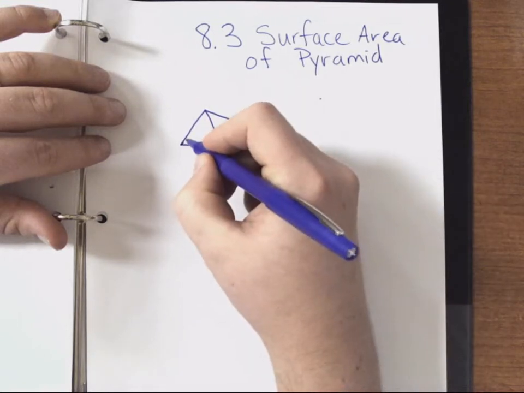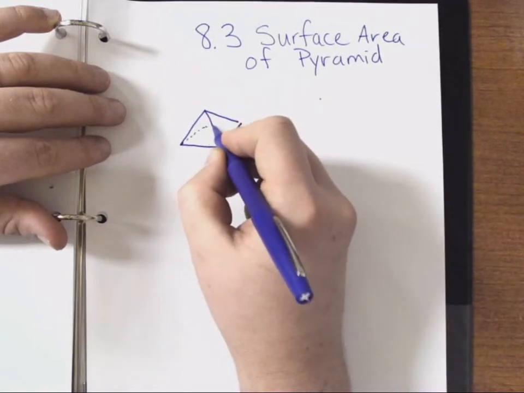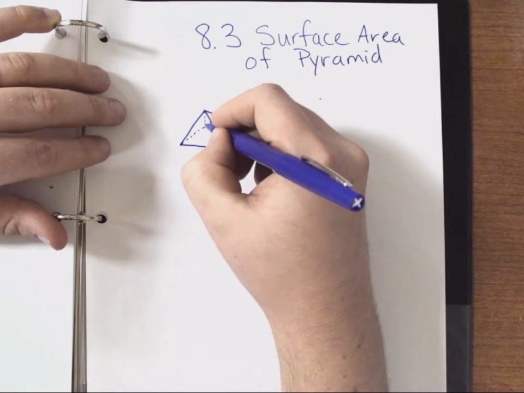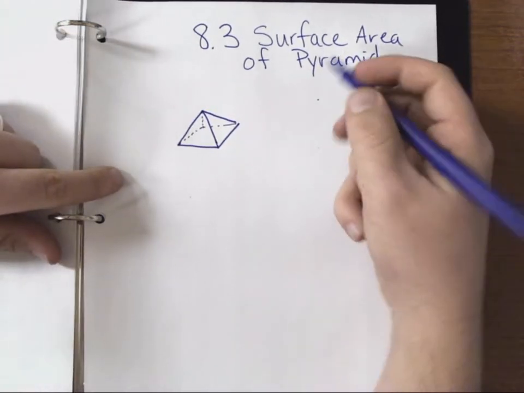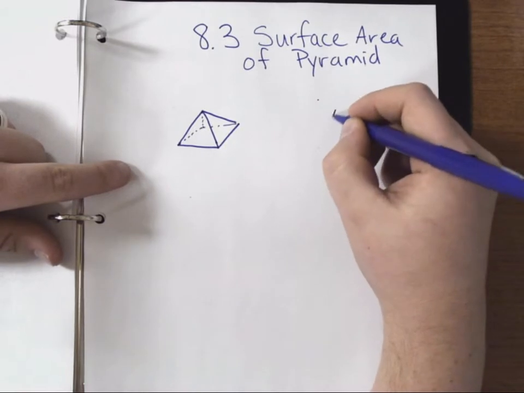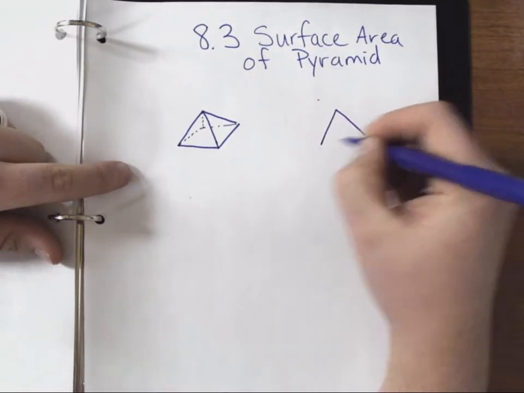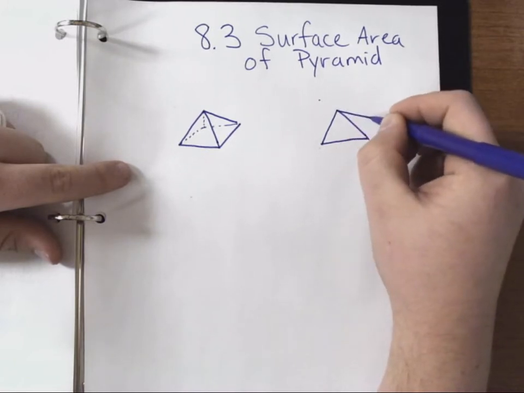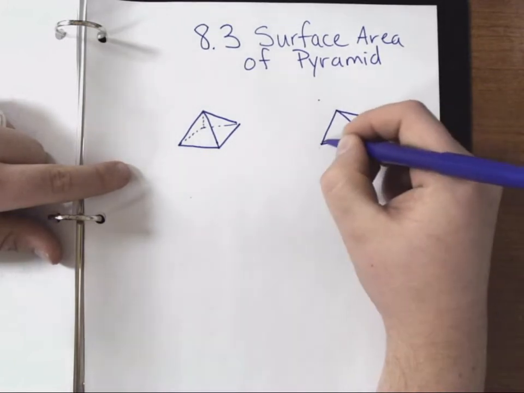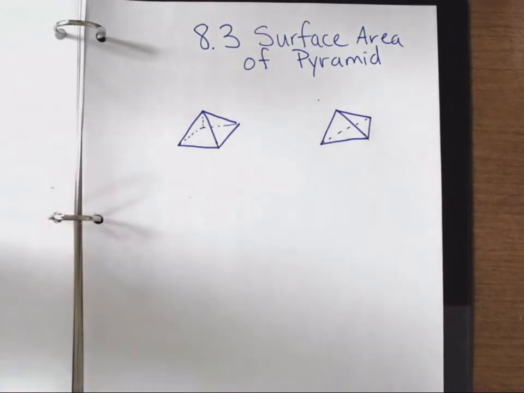A rectangular pyramid would have four sides, where a triangular pyramid would only have three sides. So today our focus is going to be finding the surface area of pyramids using nets.